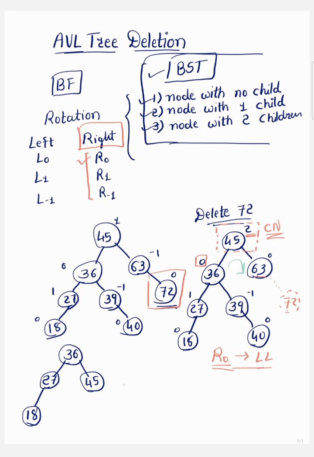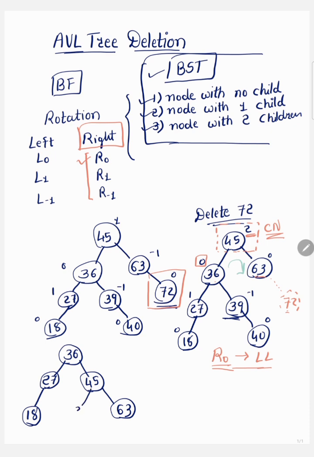So 36's right child will be 45, and 45's right child is as it is, 63. Now you might be thinking, what about this 39? I told you in the earlier lecture as well, in the LL rotation, that in such a scenario, if it already has a right child and after rotation the critical node is taking the place of the right child, then the earlier right child will become the left child of your critical node.